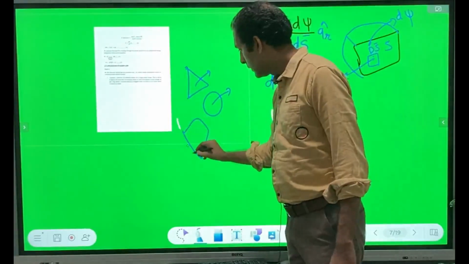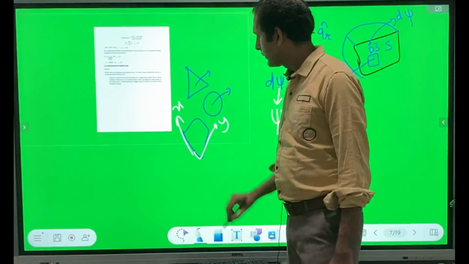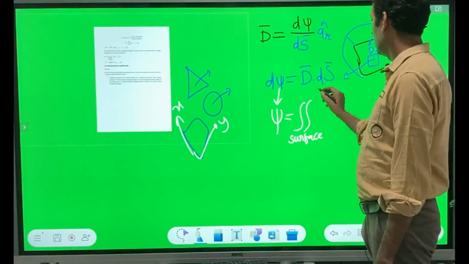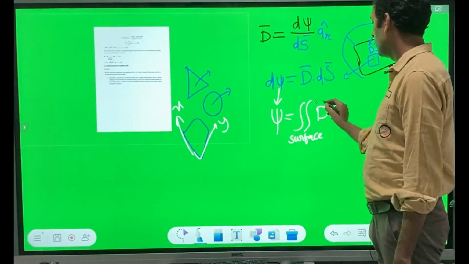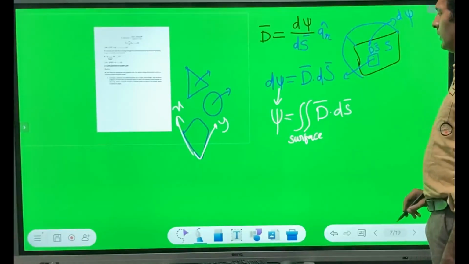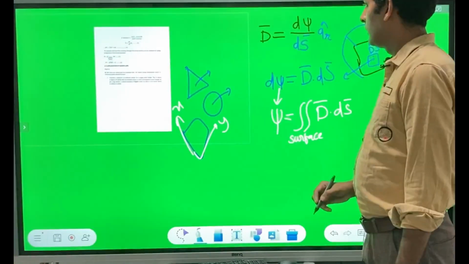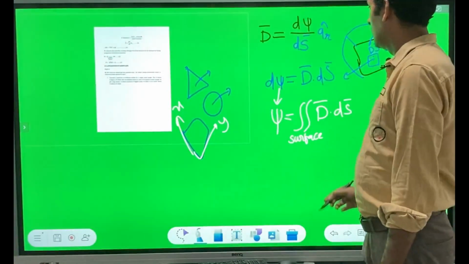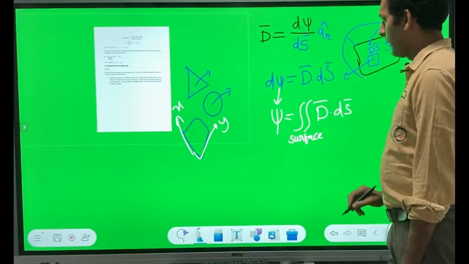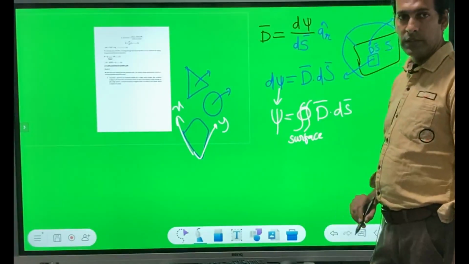There may be one x axis and say y axis, right, a two dimensional system, and here we have to take integration of this term, that is D bar dot ds bar. So this is the ds form. Now if we consider a closed Gaussian surface, then we have to take some integration here.